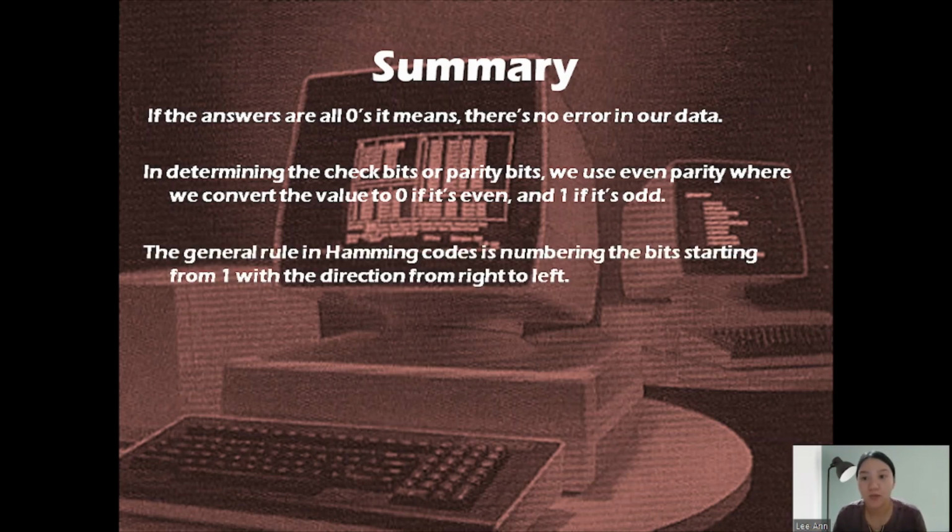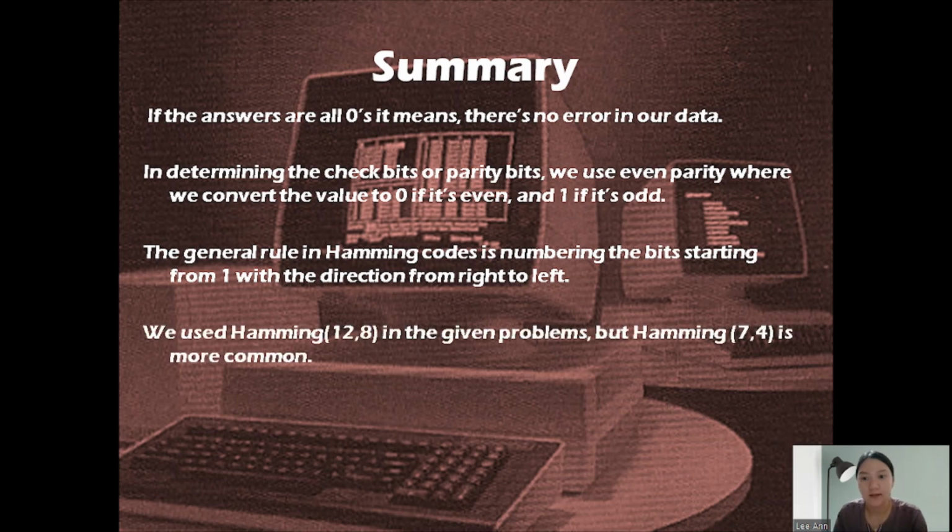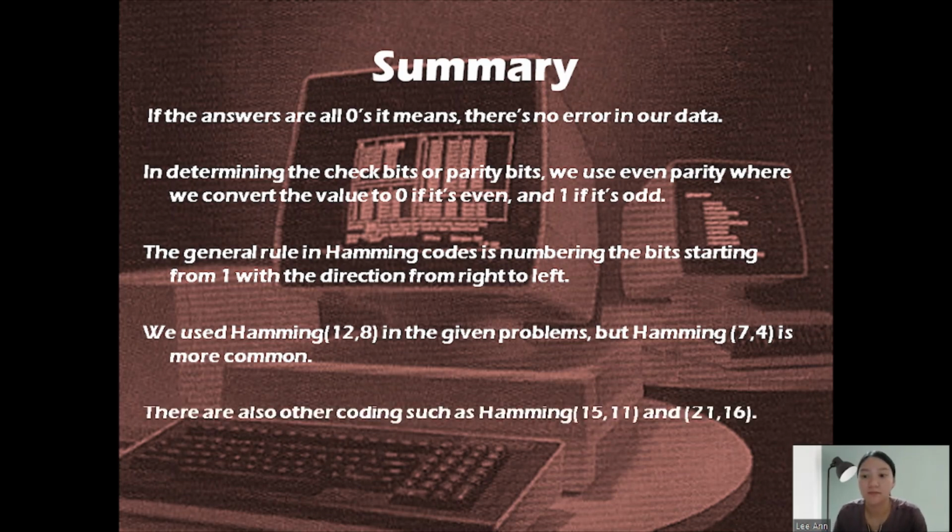And the general rule in Hamming codes is numbering the bits starting from 1 with the direction from right to left. And we used Hamming 12-8 in the given problems, but Hamming 7-4 is more common. And there are also codings such as Hamming 15-11 and 21-16.